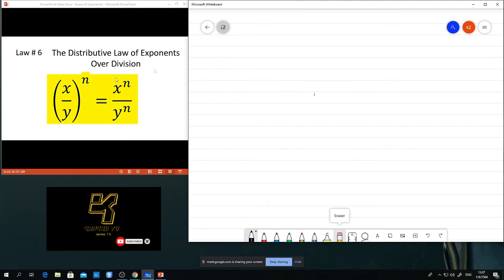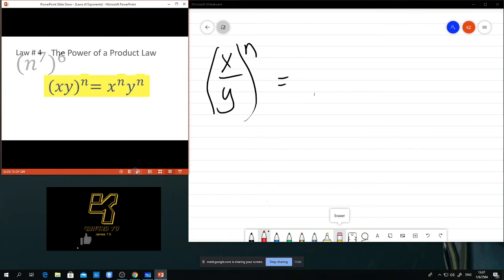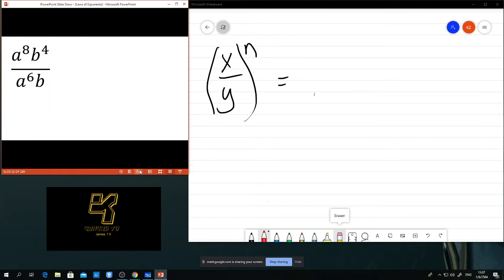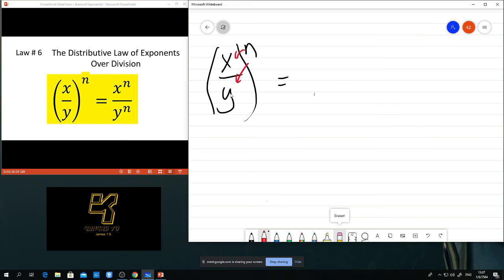So for number 6, distributive law of exponents over division. Just like law number 4, but this one is division. That's the difference. You will just distribute it also.